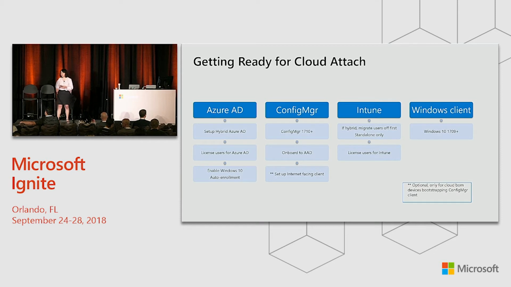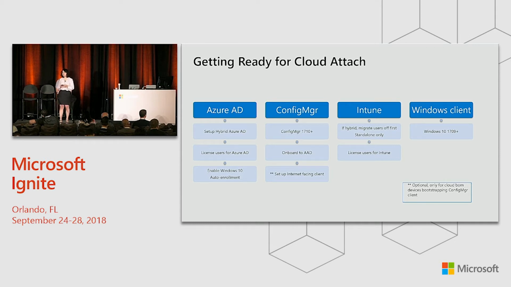For ConfigMgr, you will need version 17.10 or above. A lot of customers have already upgraded and have been keeping up with our current branch, so that seems to be a no-brainer. From the Intune side, you need to make sure that you have Intune standalone as your MDM authority.